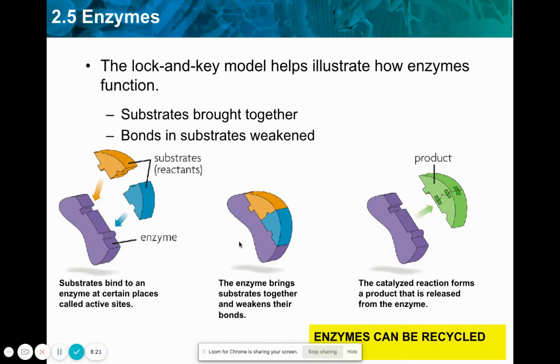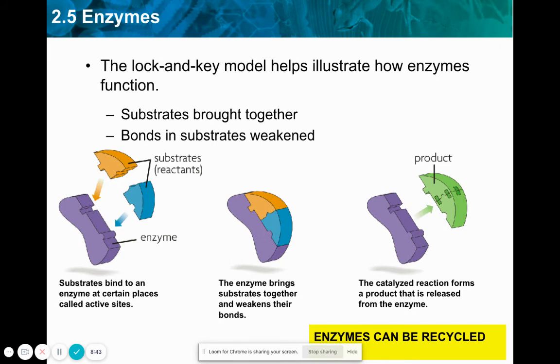So the way that enzymes work, we often describe it using a lock and key model. The lock and key model helps us explain how enzymes do their job. So the whole process begins, like we said, with the substrates or the reactants binding to a specific location on the enzyme known as an active site.